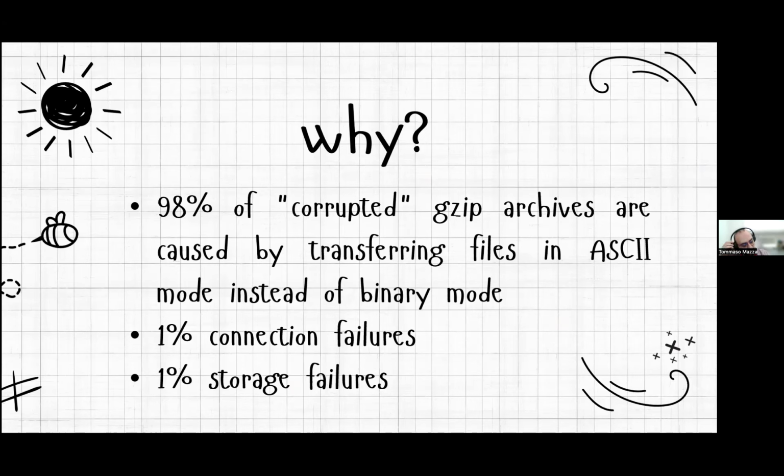Most of the time this is the cause of the corruption. But sometimes it happens because of connection failure or storage failures. In my personal case, my FASTQ file got corrupted because of a storage failure, because I had some parts of the disk that were broken. I didn't know, so my file was not readable.